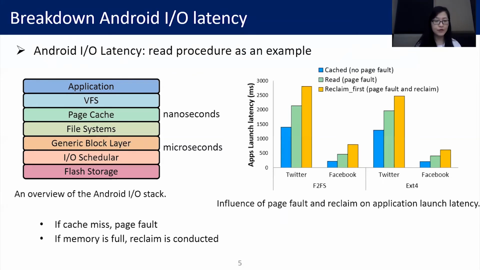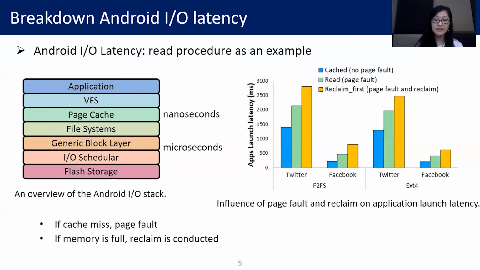Let's see the influence of page faults and reclaim scheme on application launch latency. We conducted this experiment on two popular file systems, F2FS and EXT4. Y-axis is the application launch latency. Higher is worse. The blue histogram represents the case that all pages are in the page cache.